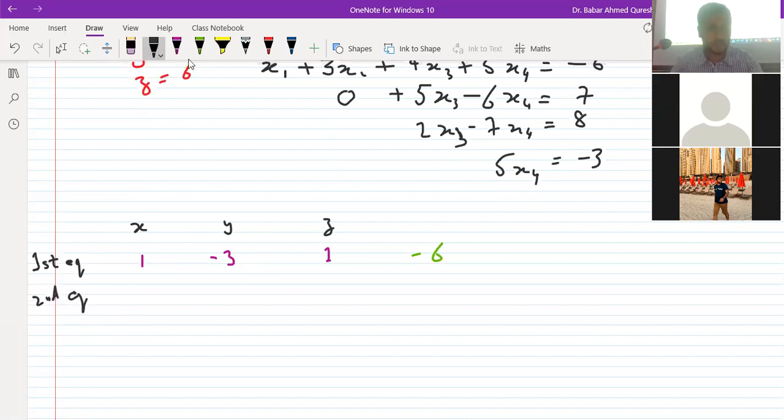So it was 2, -1, and on the other side you had a 10. Similarly, the last equation was 3x minus 2y plus 1z, and this is equal to 5.